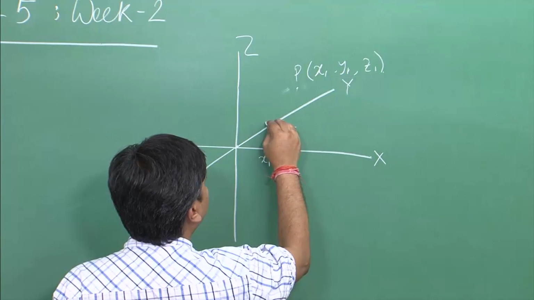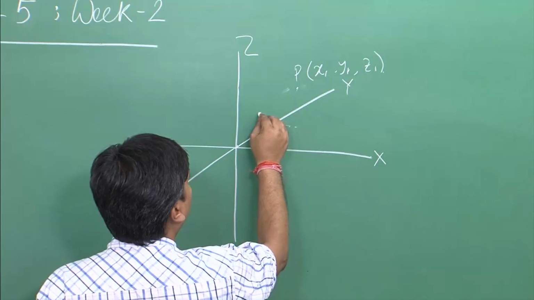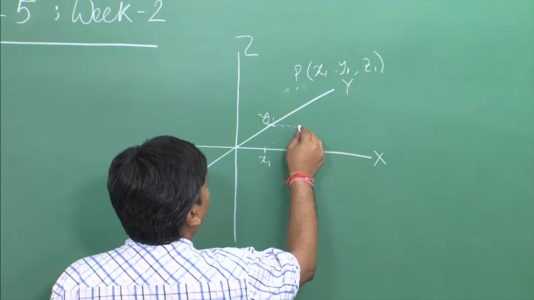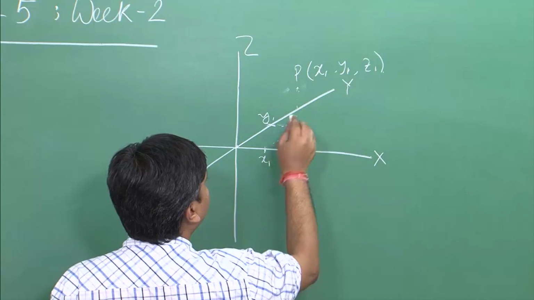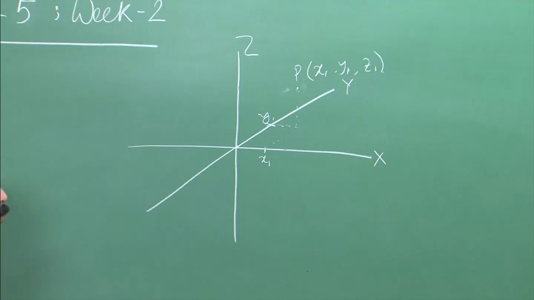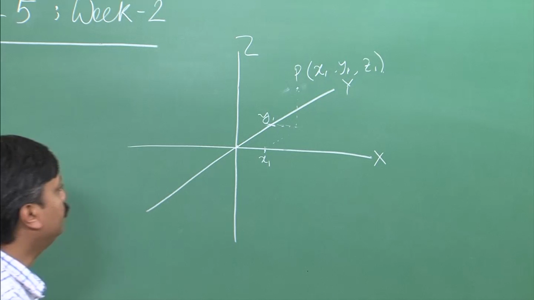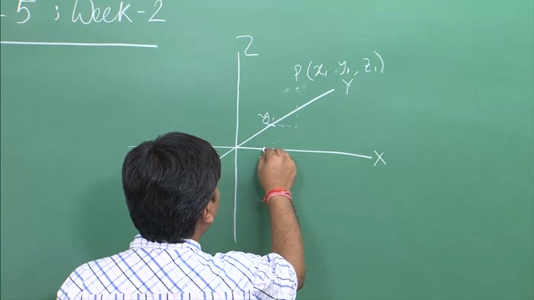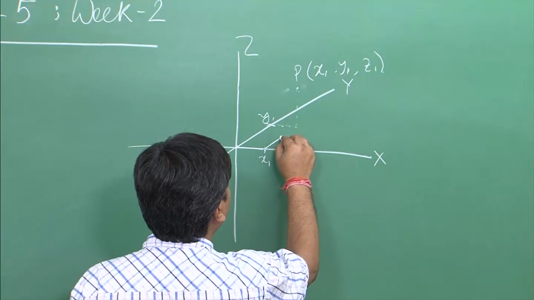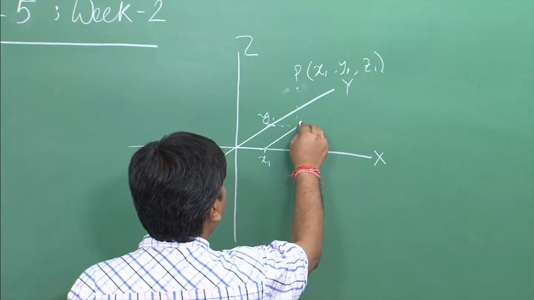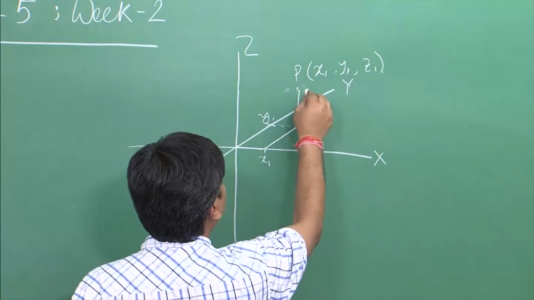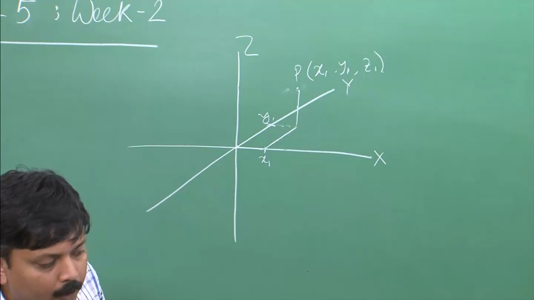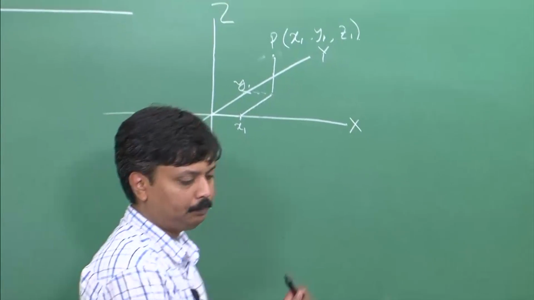So this is my y1, and then this is my z1. Fine. So this is the x, this distance is y, and this distance is z1. Okay, x1, y1 and z1, and we will operate all the symmetry operations on this.